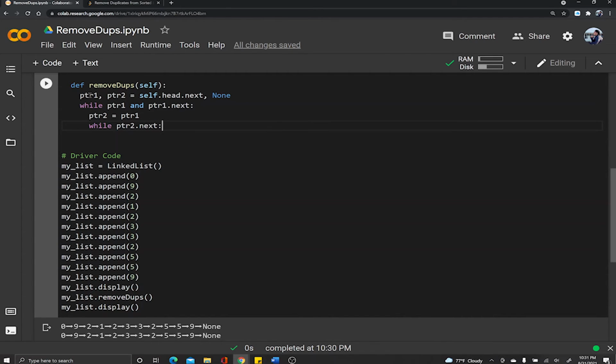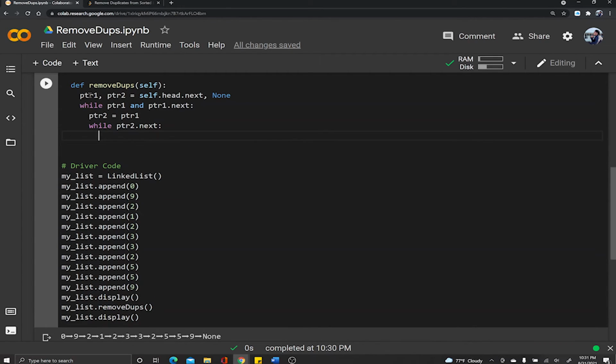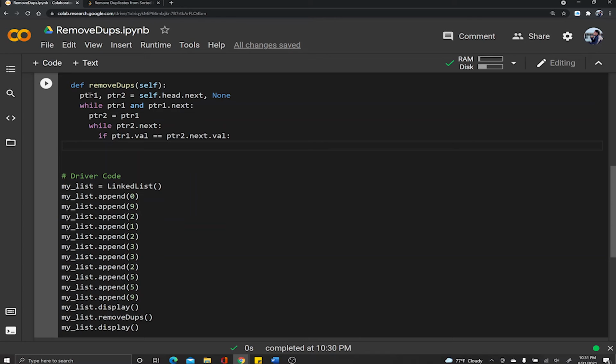While ptr2.next is not none, what I'm going to write now is the actual meat and potatoes. I'm going to say if ptr1.value is equal to ptr2.next.value, if these two guys happen to be equal, just exactly like we did on the paper, then ptr2.next is going to be equal to ptr2.next.next.